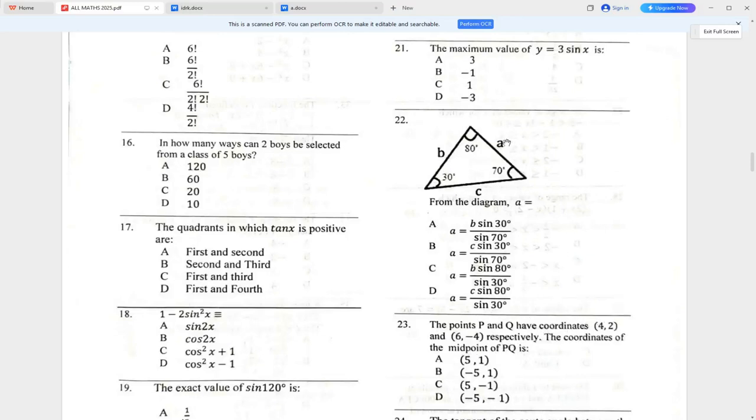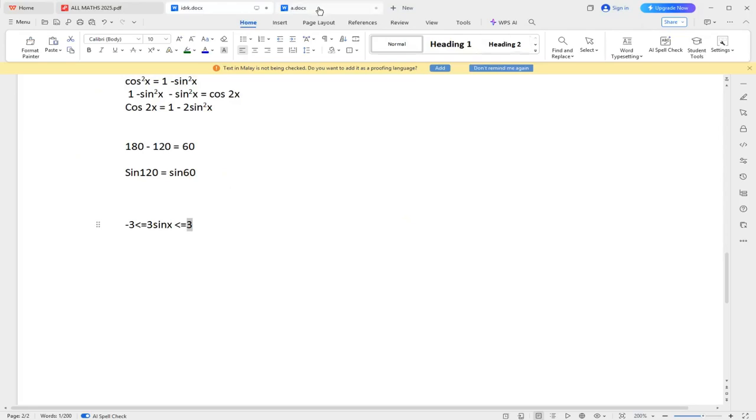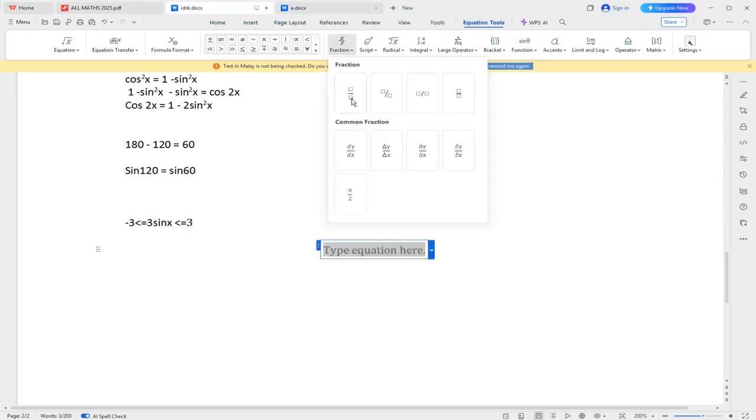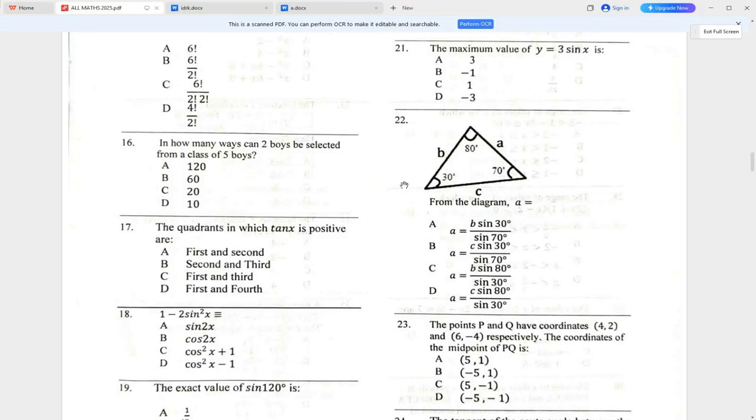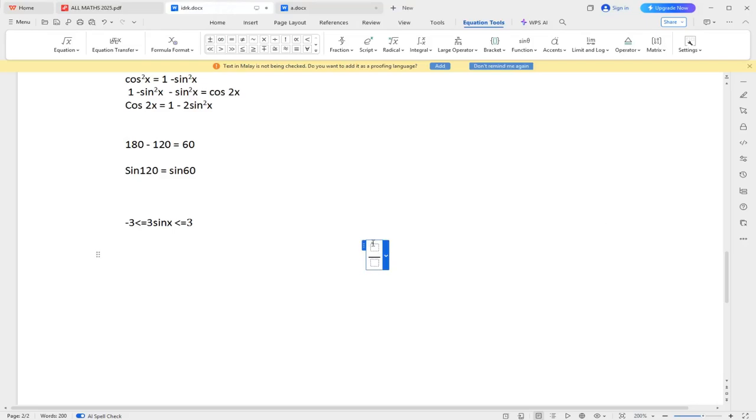In this case, we can start by using the side A and B, which from the sine rule we get the side A all over sine 30 is equal to B all over sine 70.